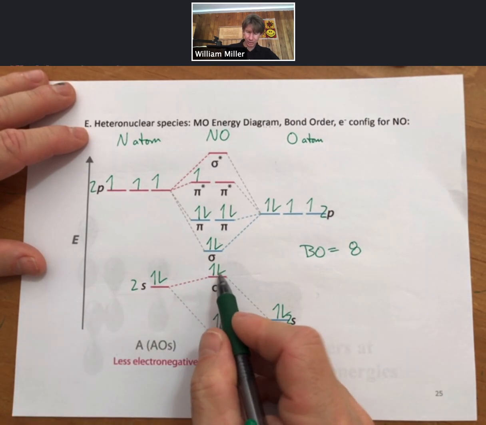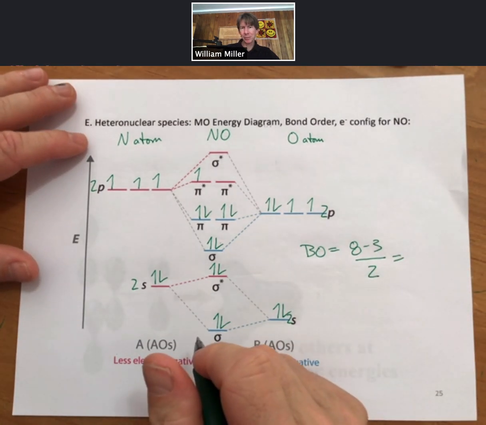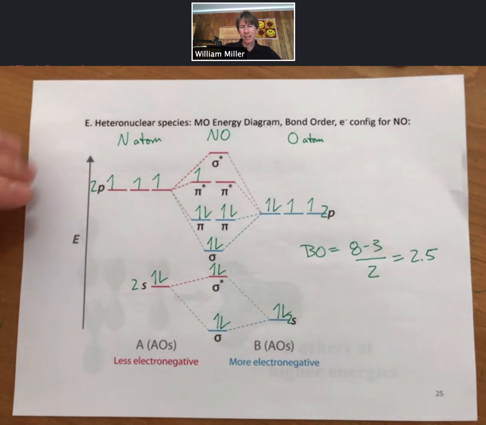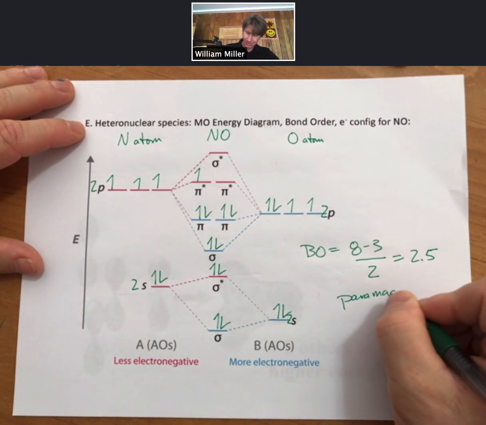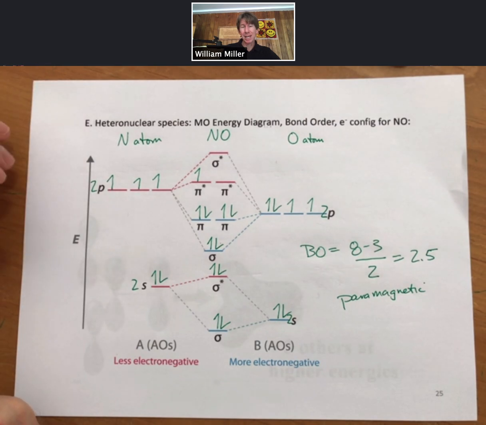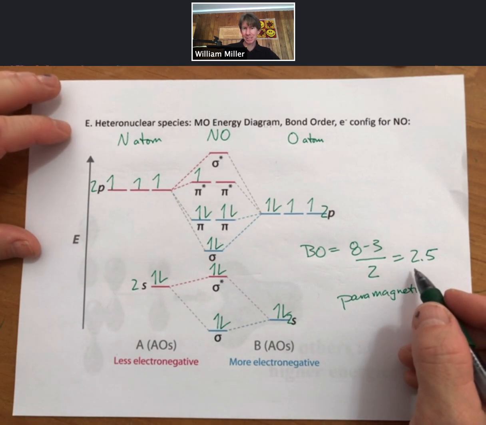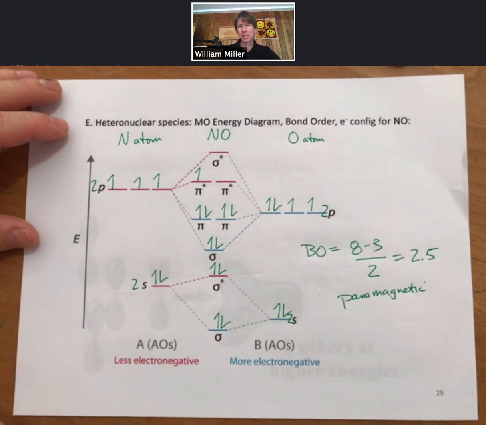We have 1, 2, 3 anti-bonding electrons. Divide that by 2 and you get 2.5. And this is still paramagnetic because there is one unpaired electron. And the bond order is 2.5, and that's predicted to be a relatively stable species, even though it has an odd number of electrons, something that Lewis structures would find hard to deal with.